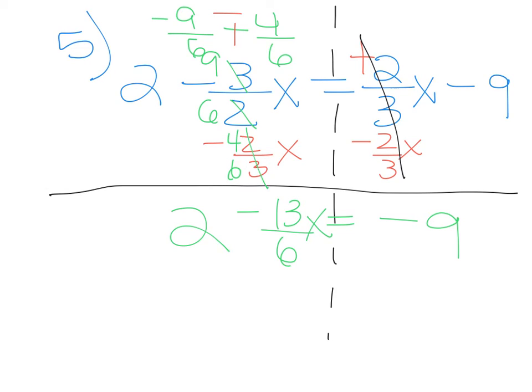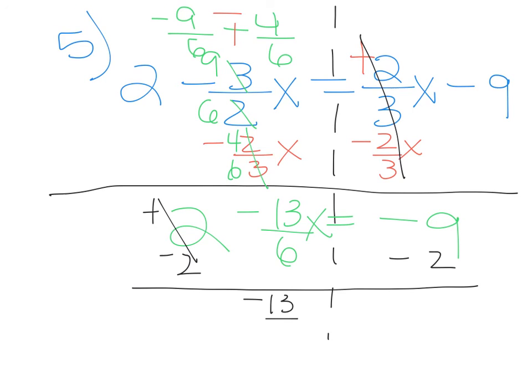Okay? So I've got to get rid of this 2 out front. This is a positive 2, so I'm going to subtract 2 from both sides. And we come up with -13/6 x equals -9 minus 2 is -11.